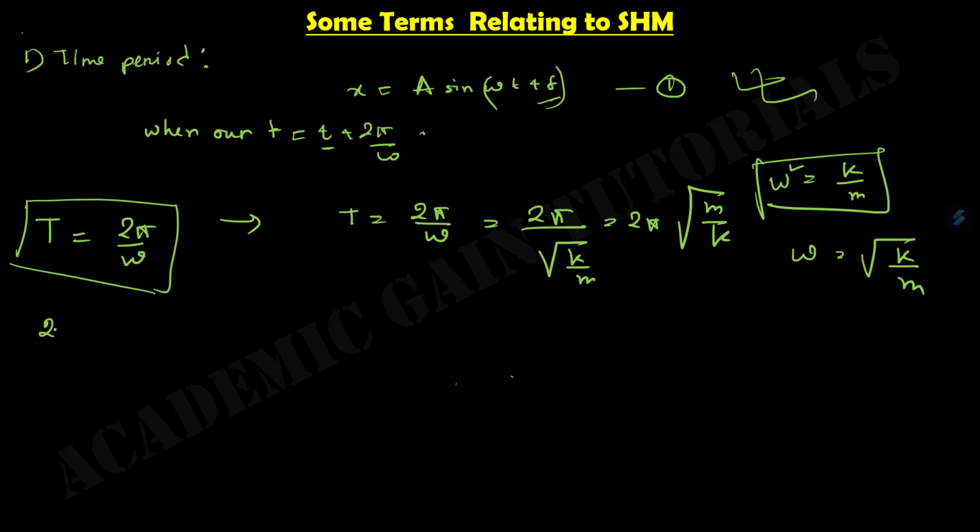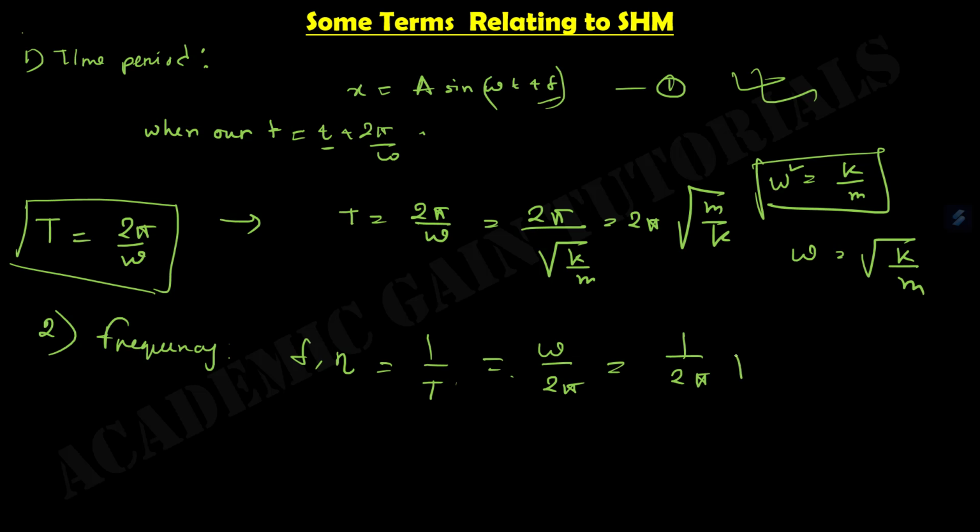So what will be the equation for our frequency? We know our frequency f, or sometimes we represent it as eta, equals 1 by T. So I can write this as omega by 2 pi, or 1 by 2 pi root over k by m.